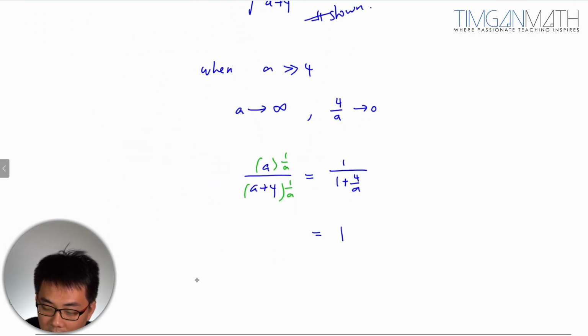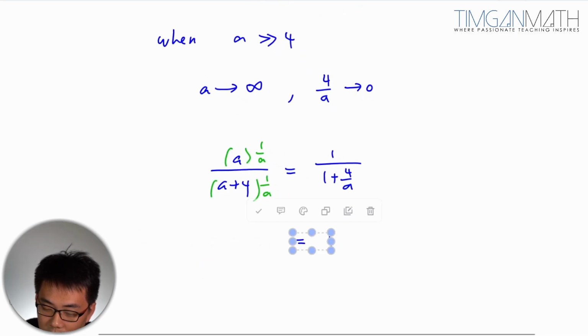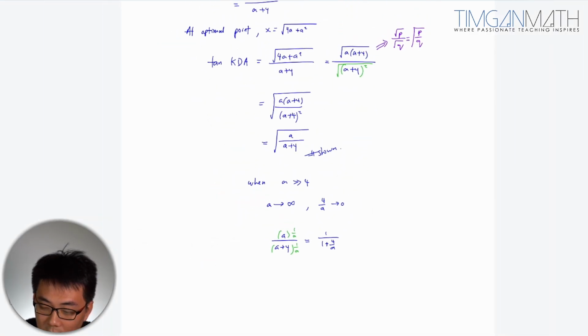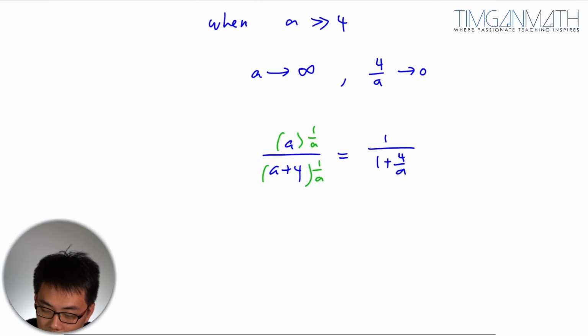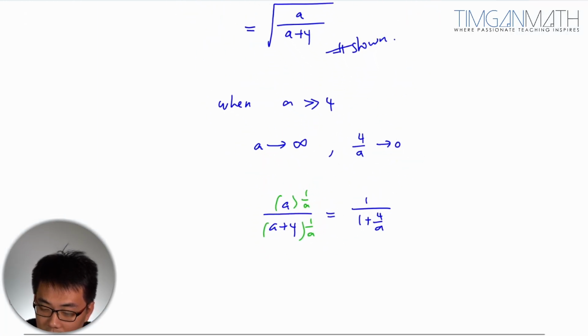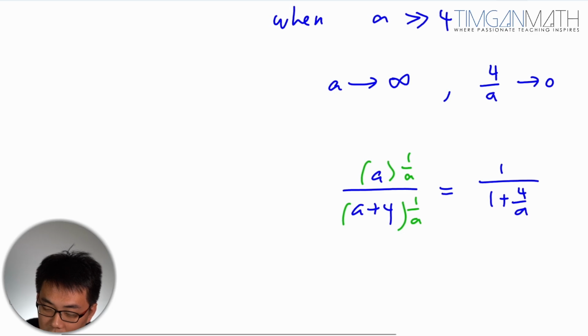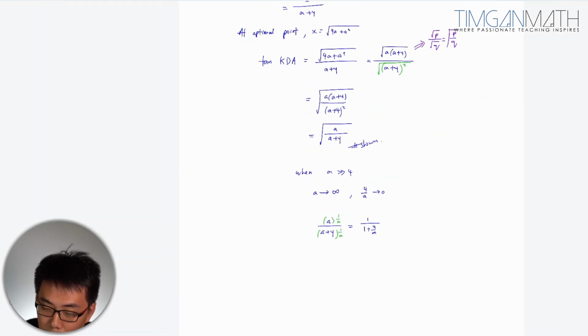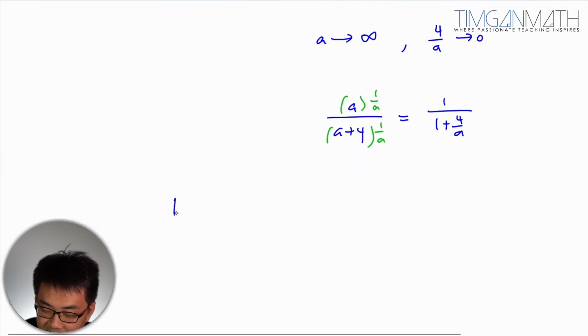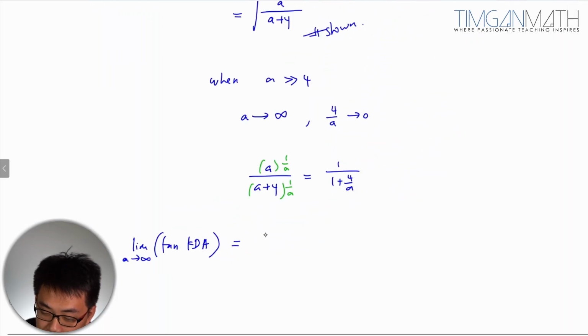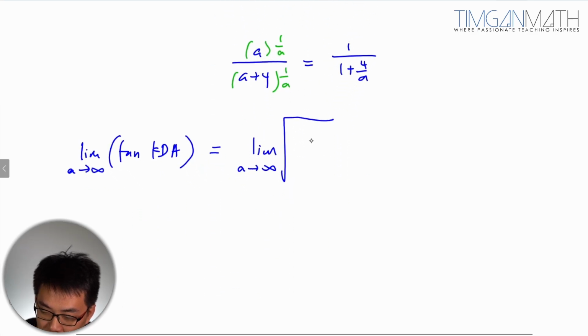So as a goes to infinity, tangent KDA goes to the limit of a over a plus 4.